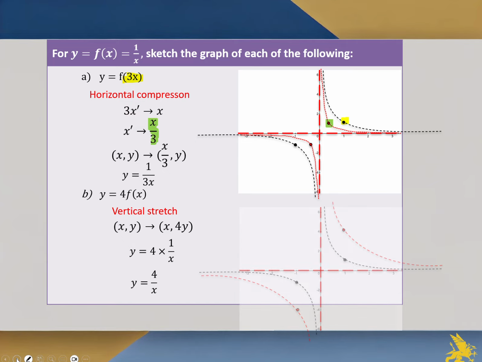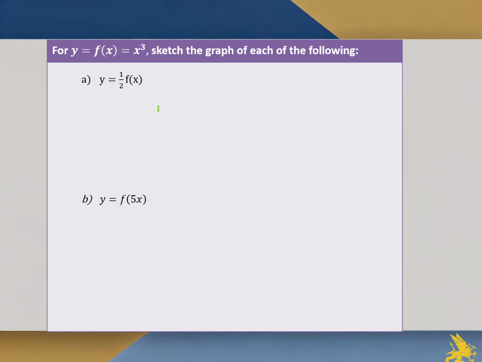So if I just draw those two graphs, and there's no translation here, we're just looking at dilation, we can see that it's pushed up my graph from 1 to 4. Likewise here, -1 to -4. So we can see that there is that stretch going on. Let's look at the next couple of questions.